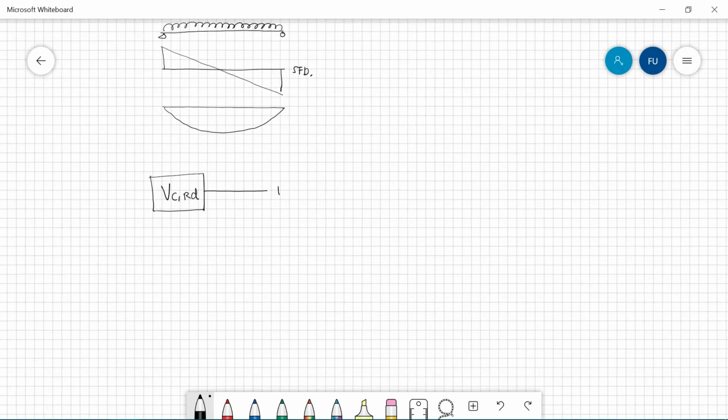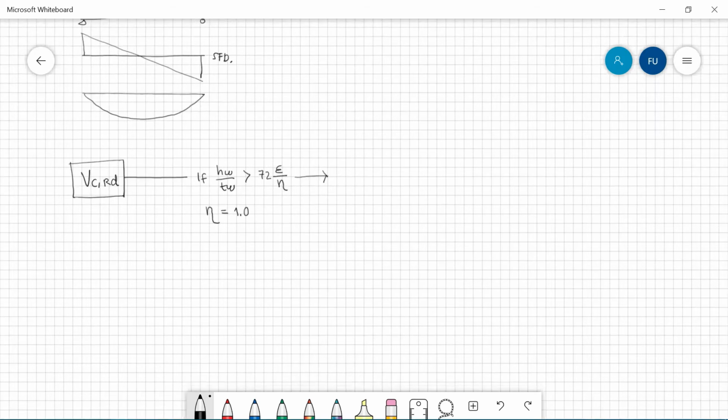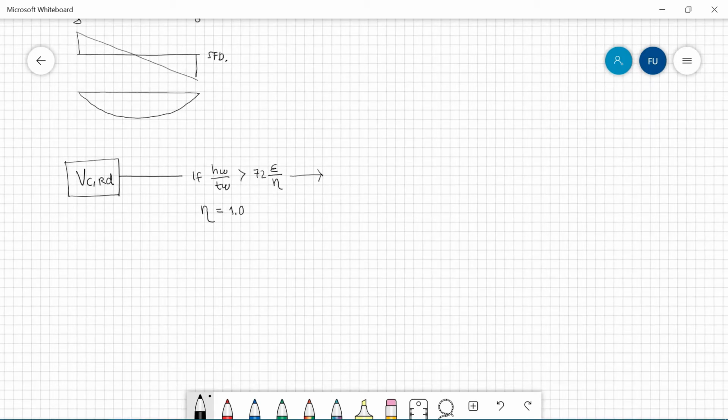Number one, if HW over TW is bigger than 72 epsilon over nu, where nu is 1.0, then we have to go further to verify the web for shear buckling.